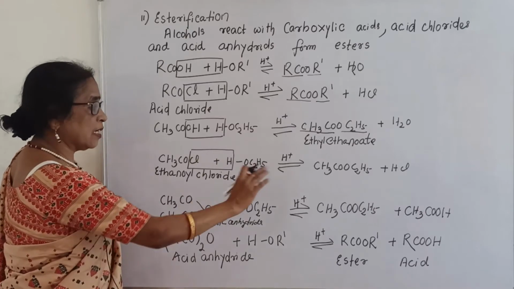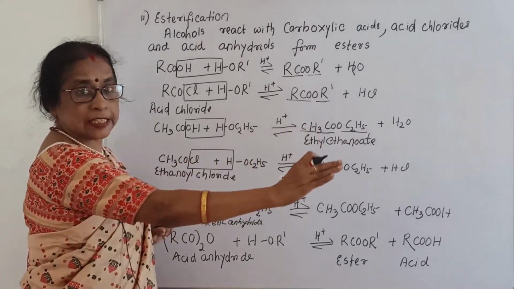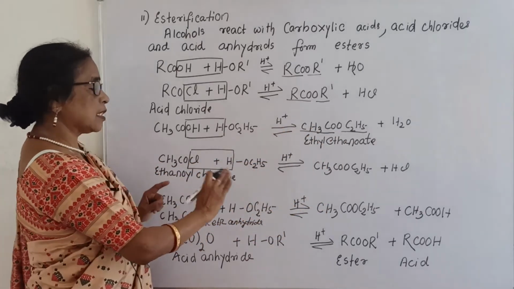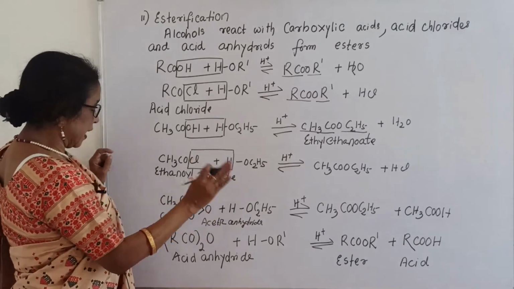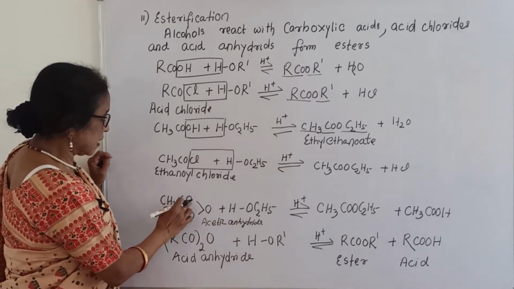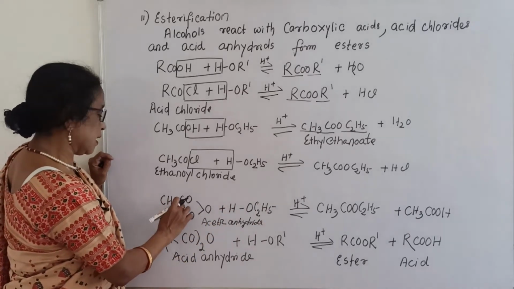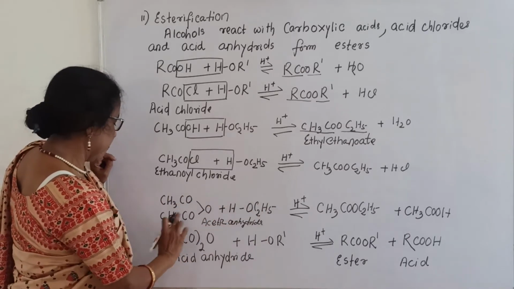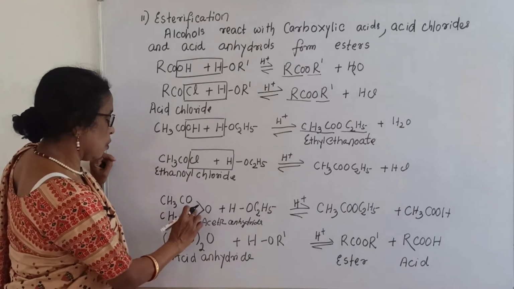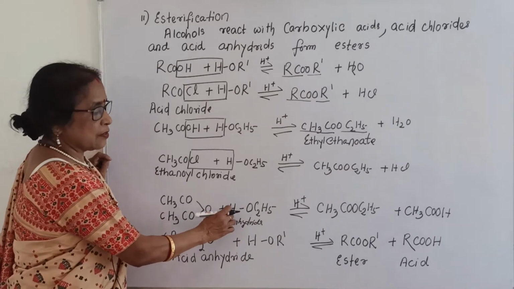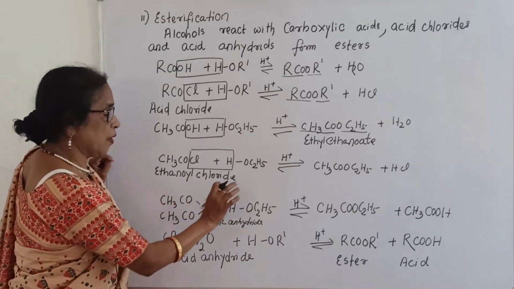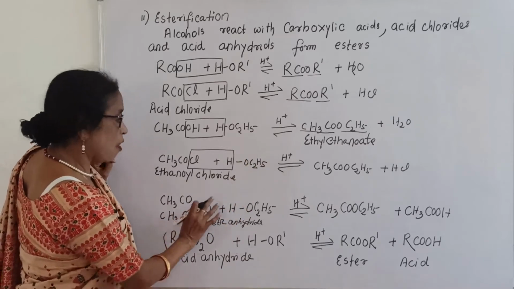That means on one side acid, acetic acid, on the other side ethyl ethanoate. Again you see CH3COOC2H5 and CH3COOH. It is very easy. Only remember how it forms the ester and how it forms the acid.